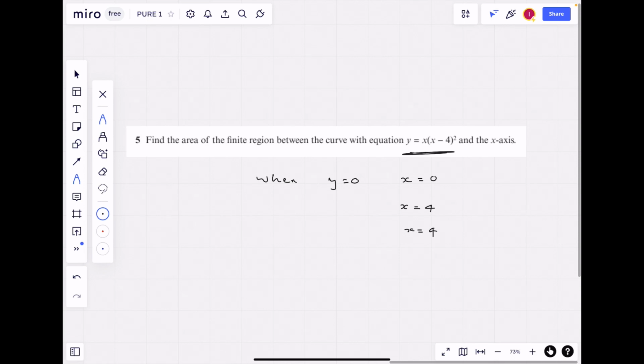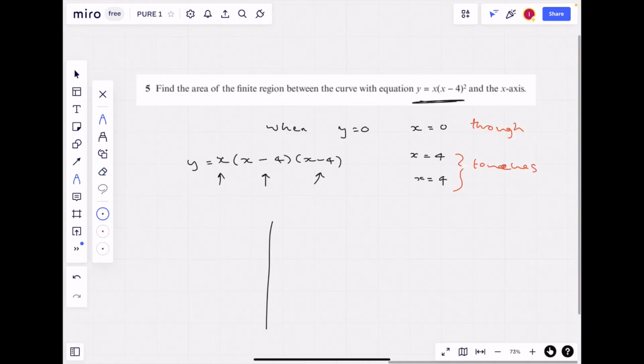The x equals 4 is a repeating root, right? Because I can write my function like this. So x equals 0, x equals 4, x equals 4. Which means it cuts through x equals 0 and it touches x equals 4.